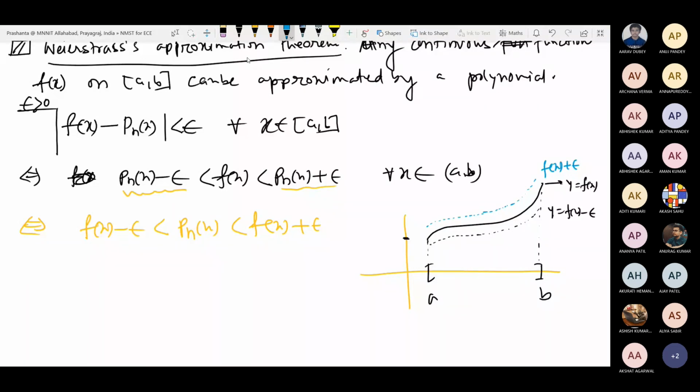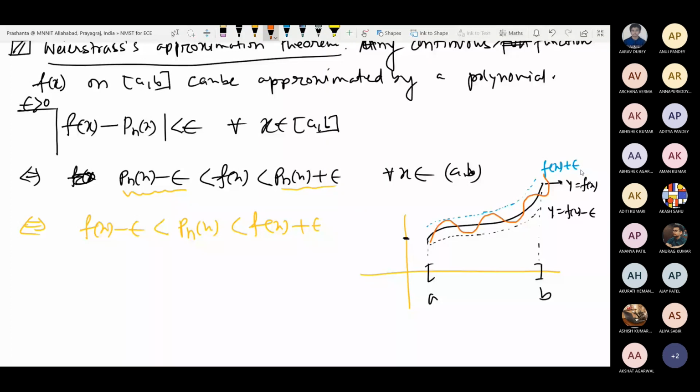So what the statement of the Weierstrass approximation theorem is saying is that whatever epsilon you consider, it does not matter, even if it is very close to 0, it is possible to find a polynomial which will lie in this band in the interval a comma b.